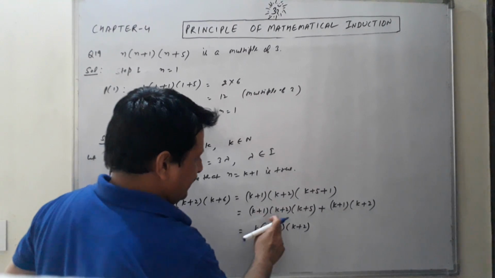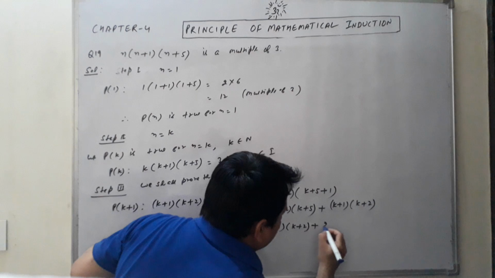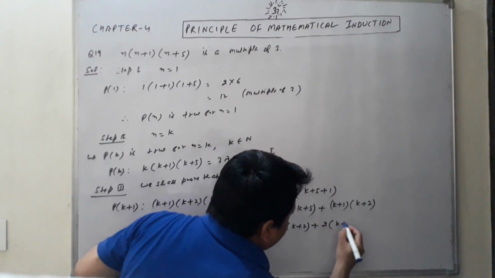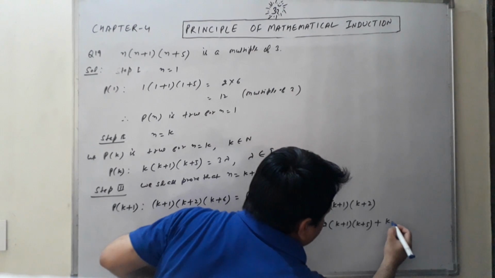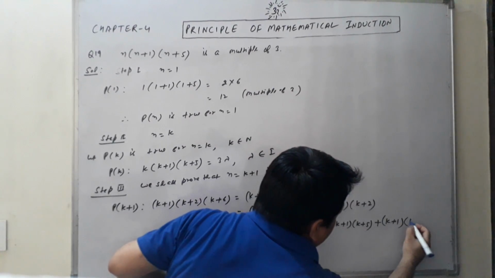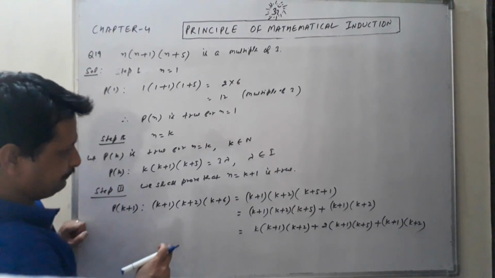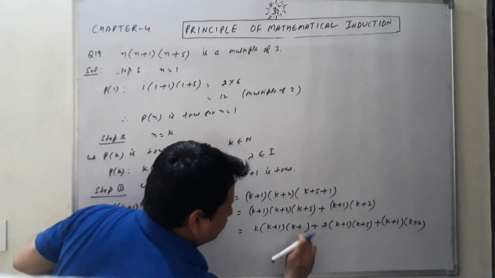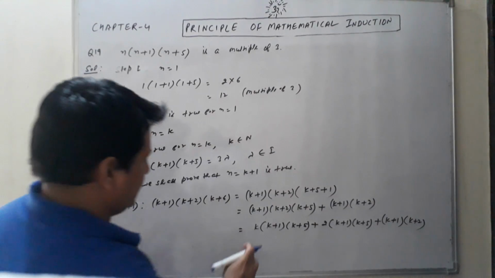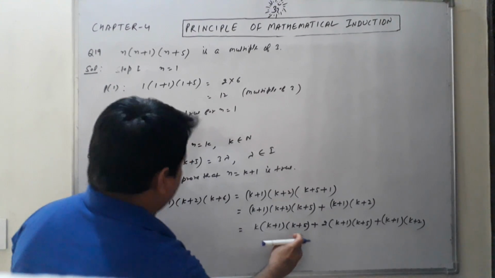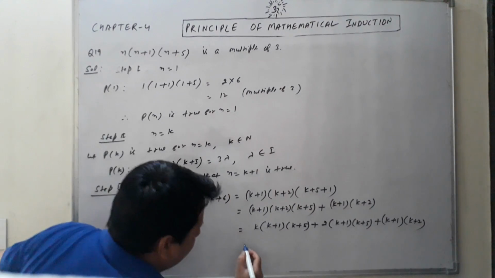First of all I have multiplied by k, then with the 2 into k plus 1 into k plus 5 plus k plus 1 into k plus 2 as it is. Right students? Now what you will see, here is the 5. So this is k into k plus 1 into k plus 5. Here you see that we will put this value as equal to 3 lambda.